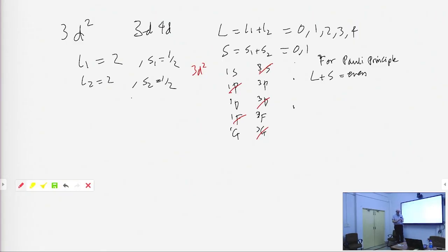Now, my preferred way of doing it properly uses boxes. So we have alpha and beta, which is plus half and minus half for the two spin states.